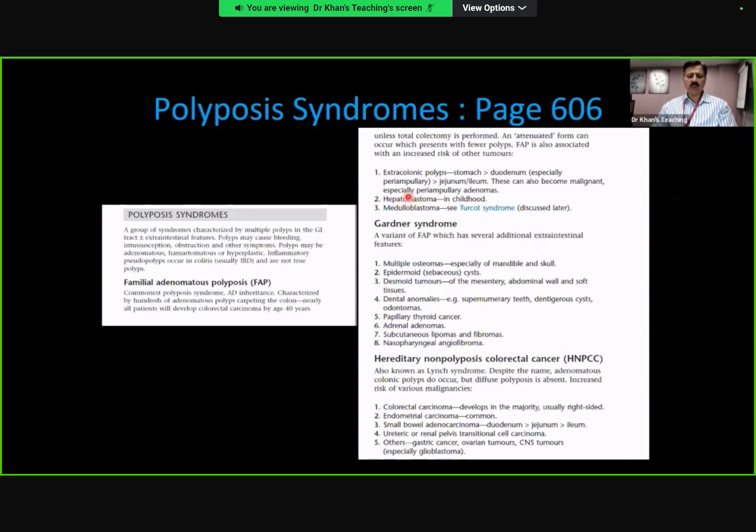They can be associated with other types of tumors which are here. In FAPS, all of them will develop carcinoma by the age of 40.